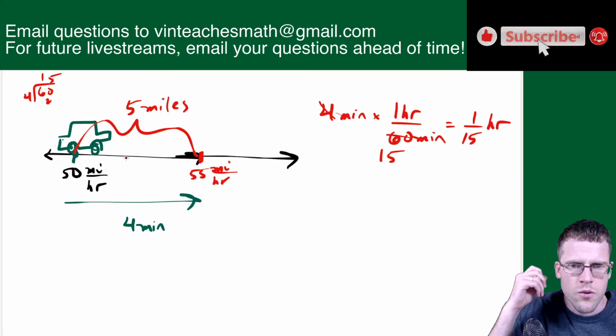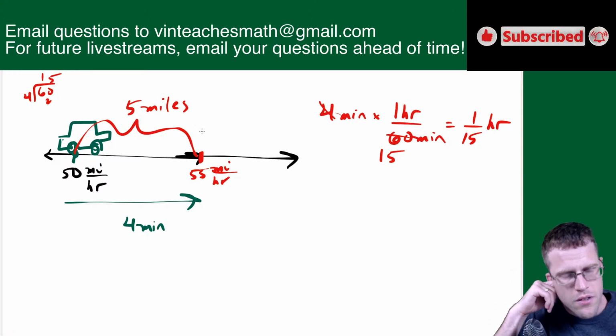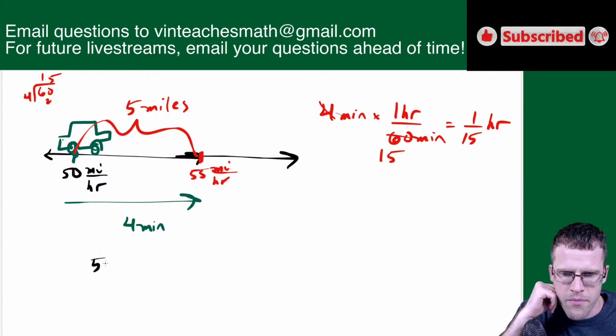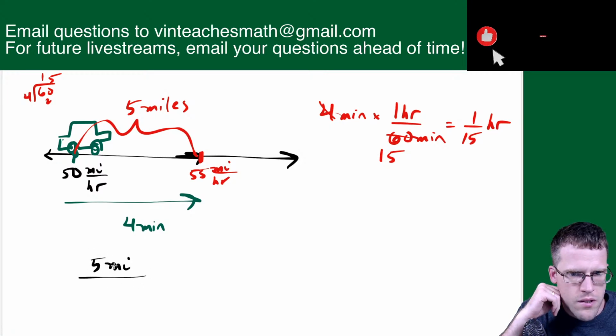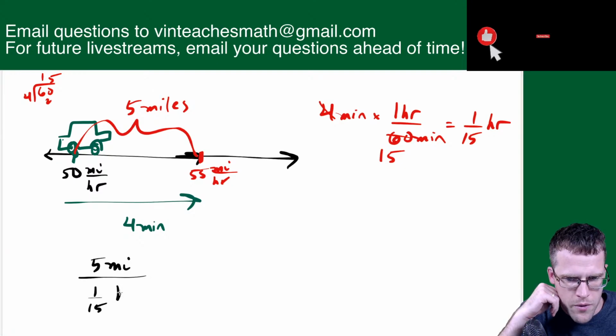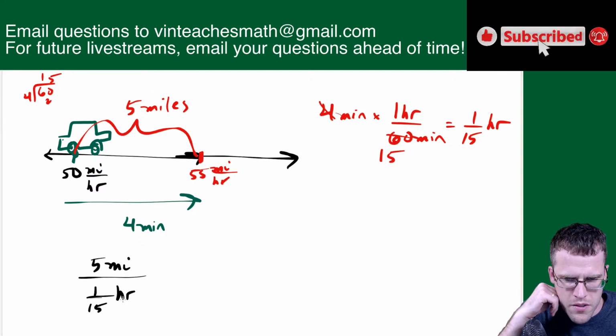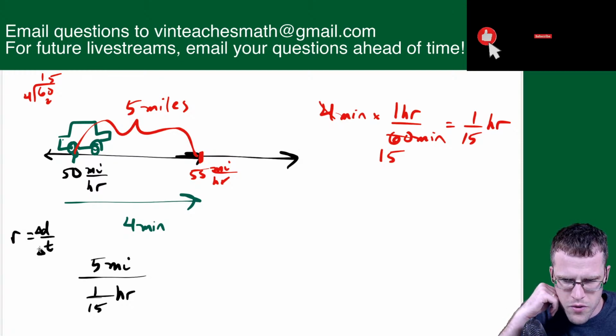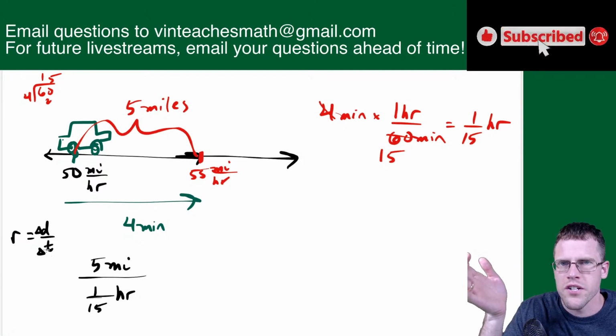Okay. So what that tells me is that this driver went 5 miles per 4 minutes, or I could say per 1/15 of an hour. So this is like the idea. Just know the rate is equal to the change in distance over the change in time.